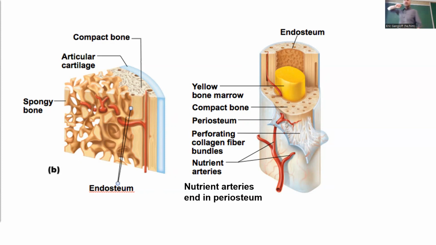I want to back up. I didn't make this clear on my slides, and I should have. There are two kinds of bone marrow. I'm going to put this on the board. I think I have this in an upcoming slide, but I want to make sure we've got this. Two kinds of marrow. We have yellow, which is fat stores. Remember, I said that one of the roles of your bone tissue is to serve as an energy repository, basically, and that's what fat is.